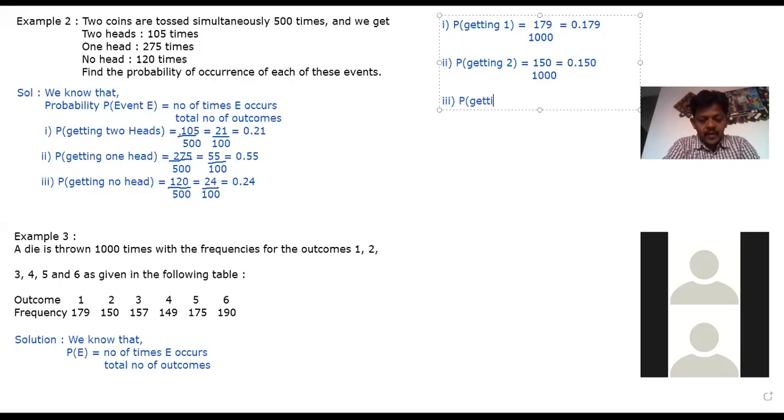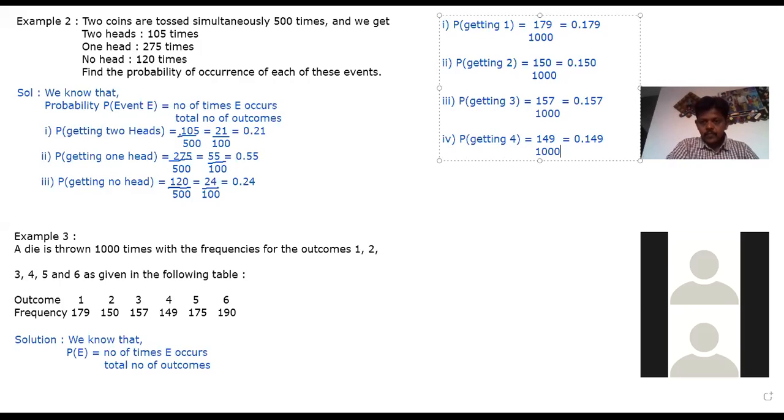P of getting 3 is number of times 3 occurs. How many times does 3 occur? 157 upon total number of outcomes, that is 1000. Yes or no? Yes, sir. Complete it. P of getting 4 is equal to number of times 4 occurs, 149 upon 1000. Yes or no, children? Yes.